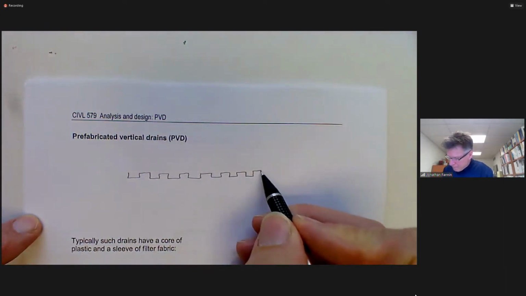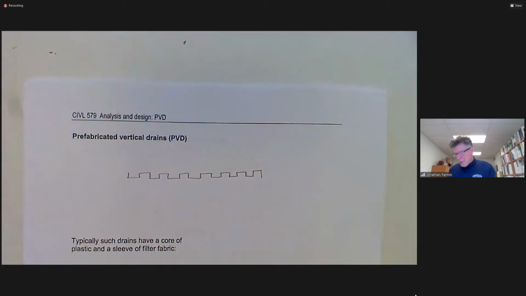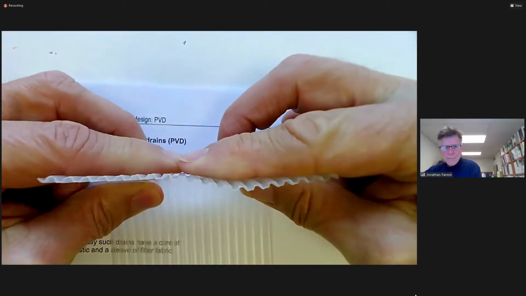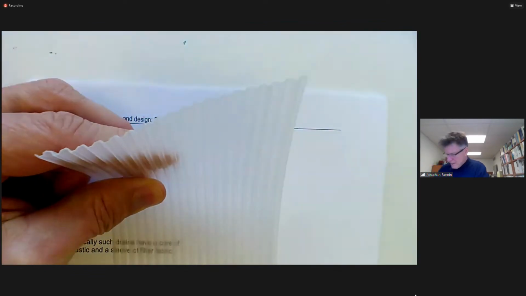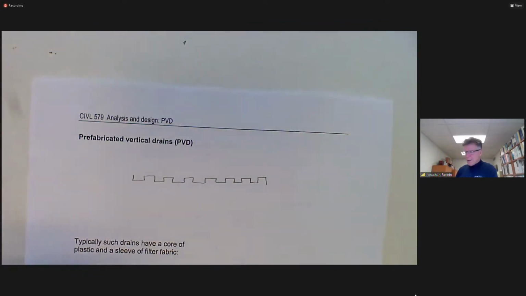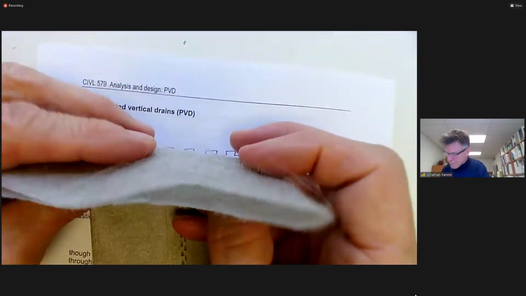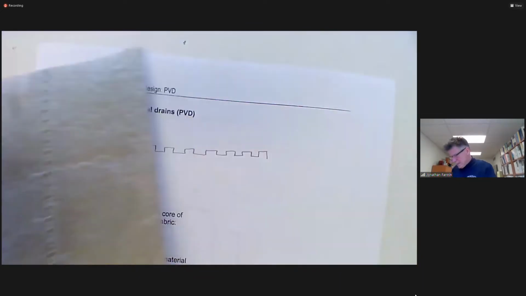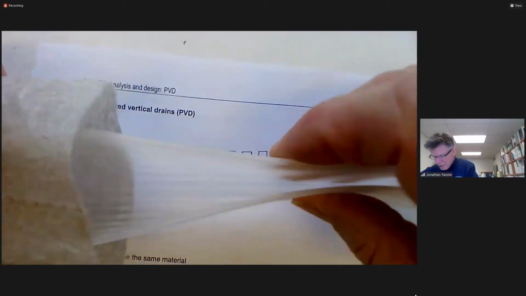And that core, the core that we're seeing here, is then surrounded by a filter. Okay, there's the filter sleeve, and it's a little tricky actually to push it all together.